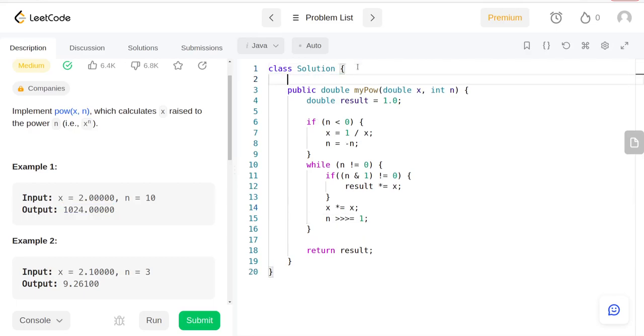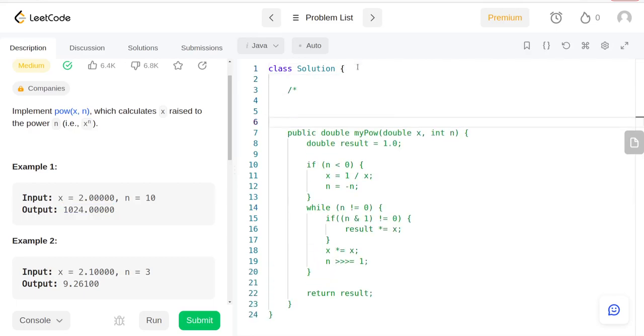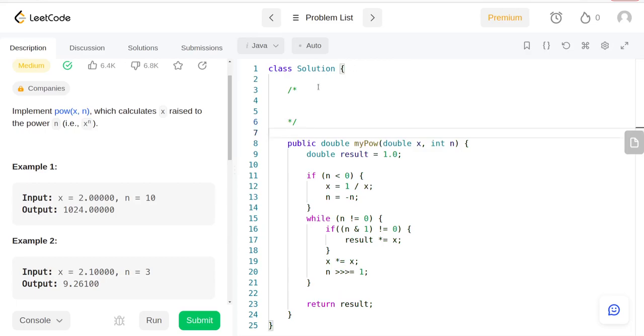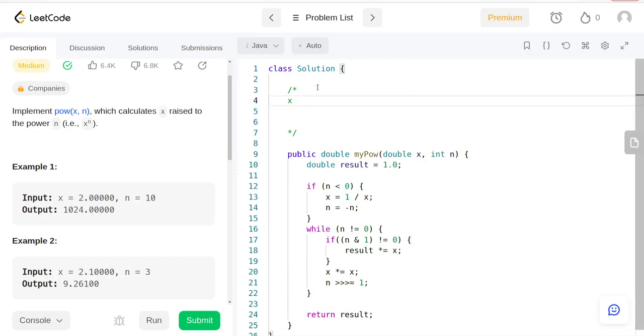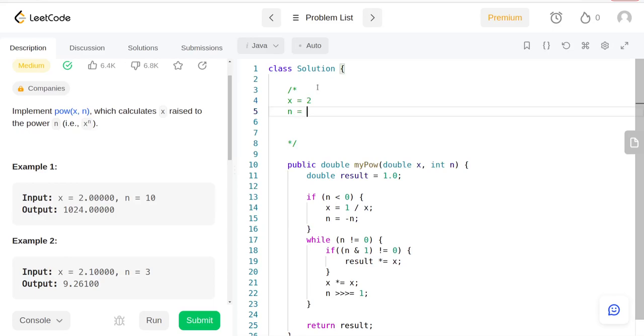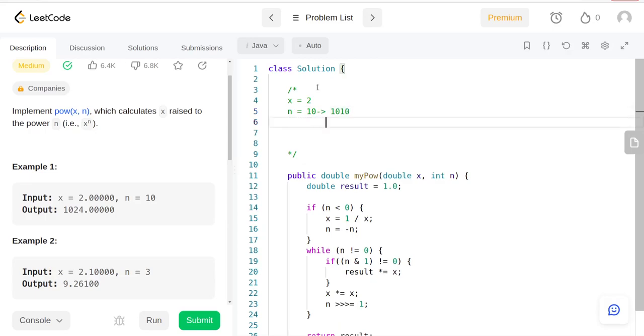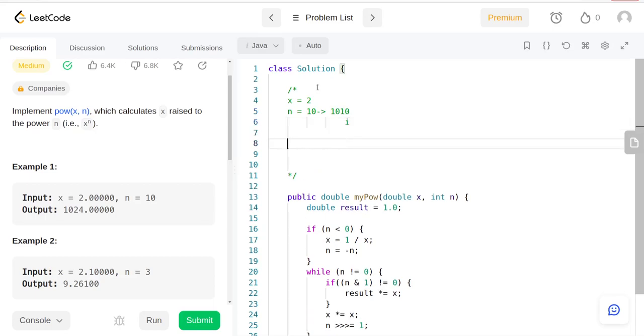The algorithm goes like this. When you have x equal to 2 and n equal to 10, the binary representation of n is going to be 1010. Our i is going to start from here, and logarithmically we're going to keep moving n to the right every single time.